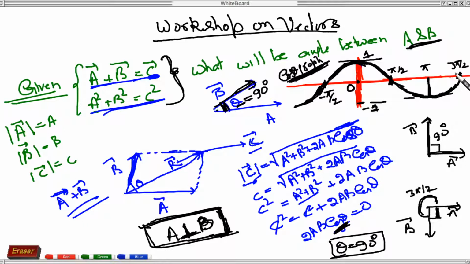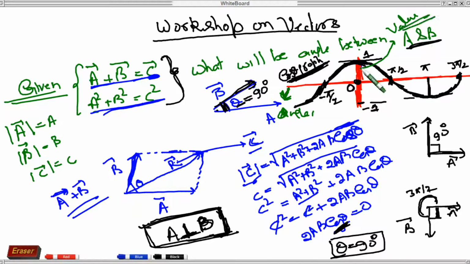So this is the cosine graph. Remember that the peak point of this, the cos of 0 is 1. Cos 0 degree is 1. This axis is in degree or radian, you can say 90 degree is equal to pi by 2 radian. So this is the angle axis, this is the value axis.